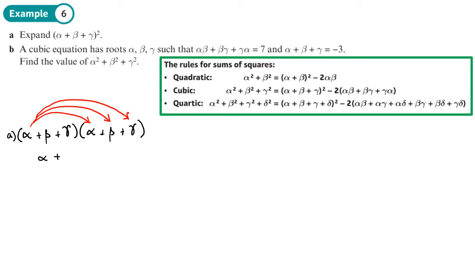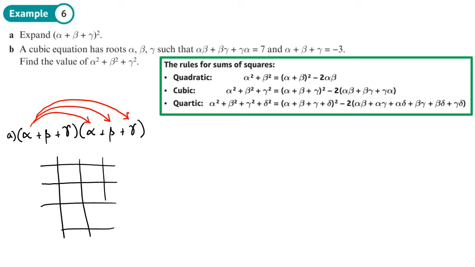So you could just do a 3x3 grid like this. Obviously draw neater than mine. Put your alpha, beta, gamma here, at the side alpha, beta, gamma here, and just multiply everything and just put the results in the boxes, like alpha squared, alpha beta, alpha gamma.